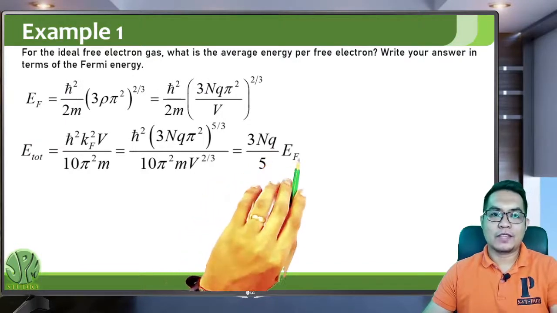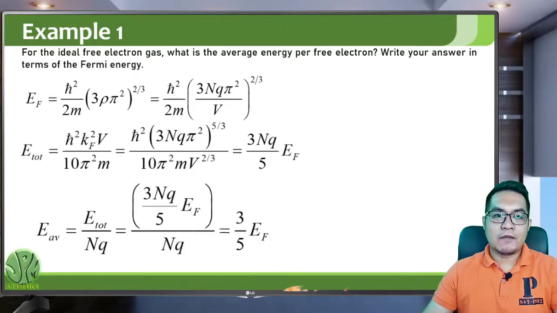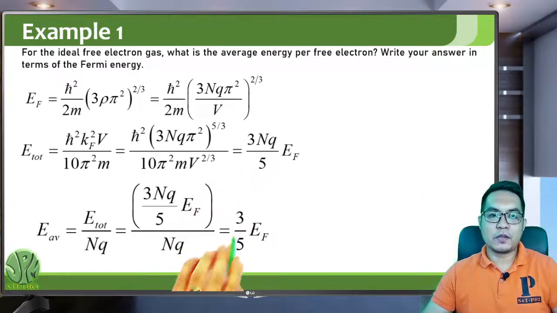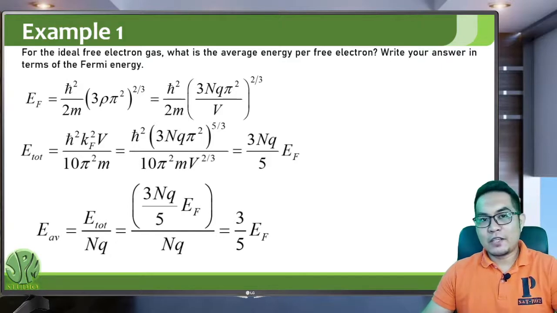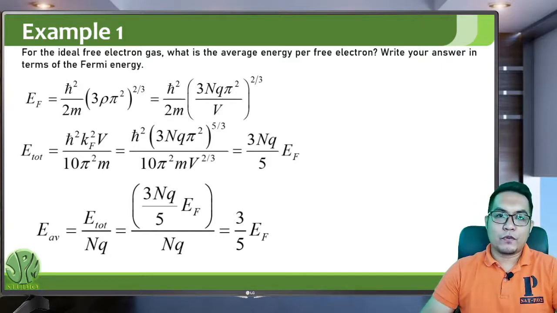So the average energy is just the total energy over the total number of free electrons, which is N times q. Divide this by Nq and you will have 3/5 of the Fermi energy. So the average energy per free electron is actually 3/5 of the Fermi energy.